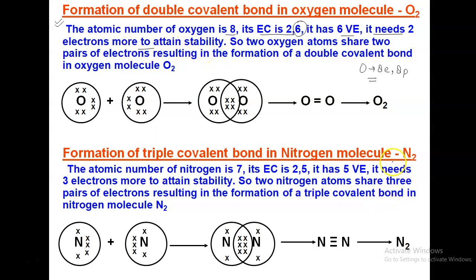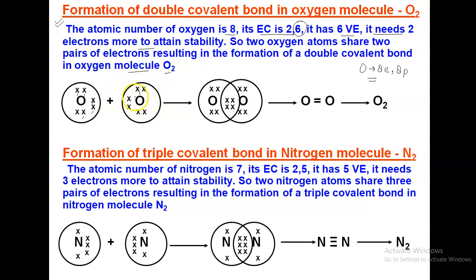So 2 oxygen atoms share 2 pairs of electrons, resulting in the formation of a double covalent bond in oxygen molecule O2. See, now oxygen has 1, 2, 3, 4, 5, 6 electrons, and this has 1, 2, 3, 4, 5, 6 electrons. It only needs 2 electrons.